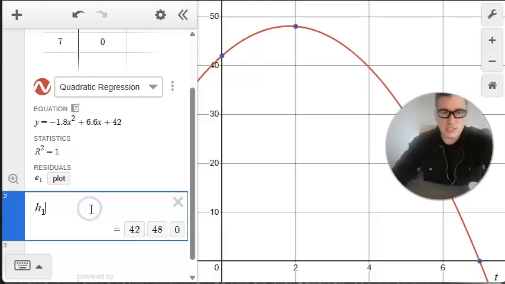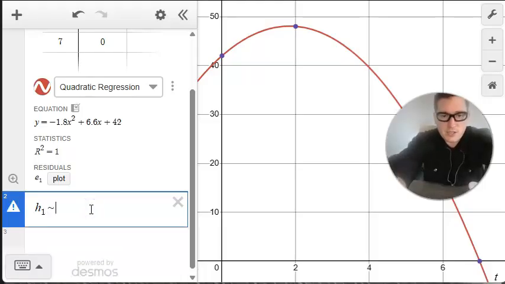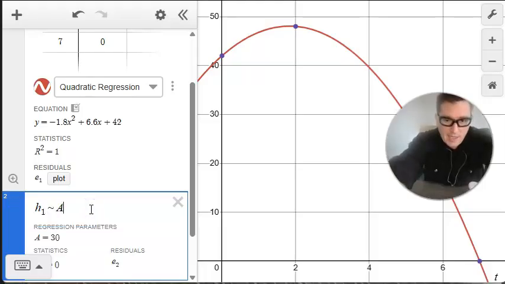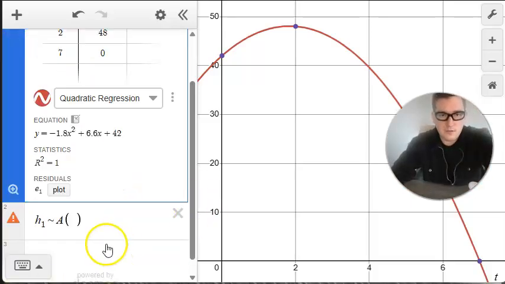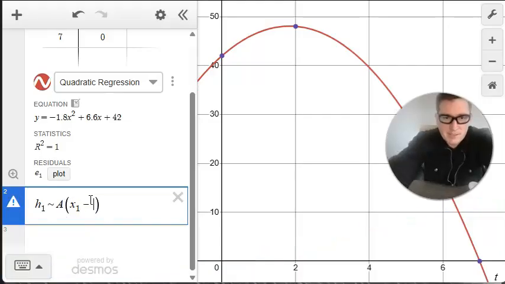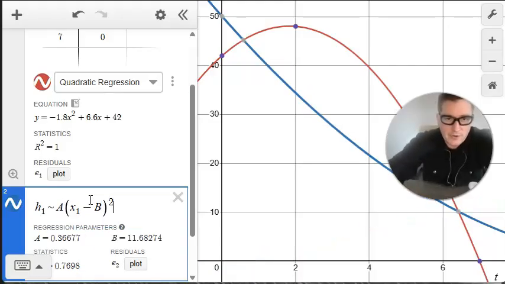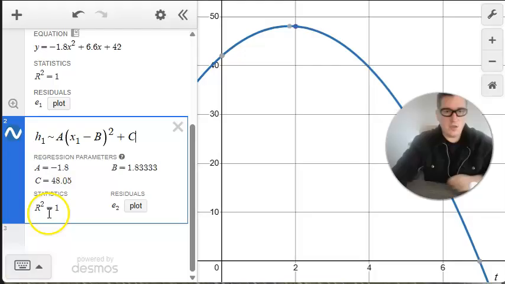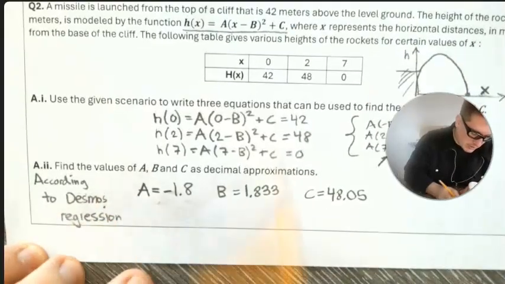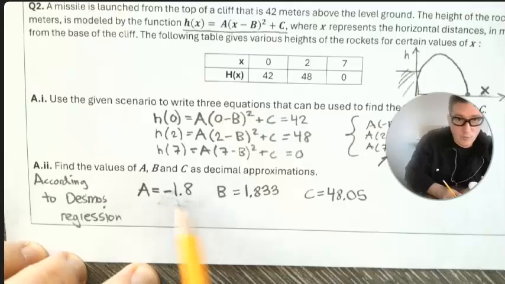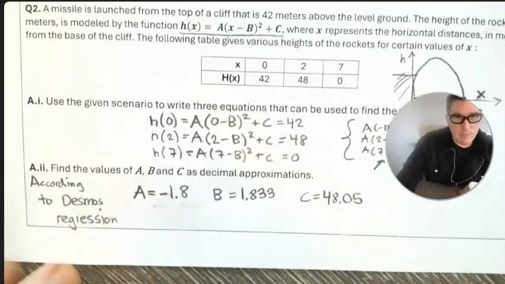They wanted h of x as a function of capital A times x minus b squared plus c. Those are the a, b, and c for the regression in the form that they wanted. So, according to the Desmos regression, A equals negative 1.8, B is 1.833, and C was 48.05.